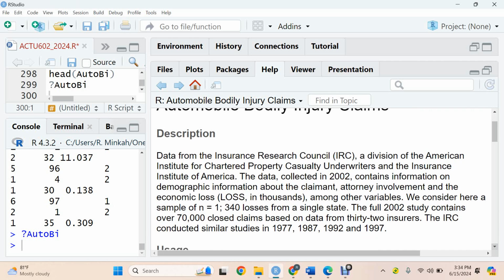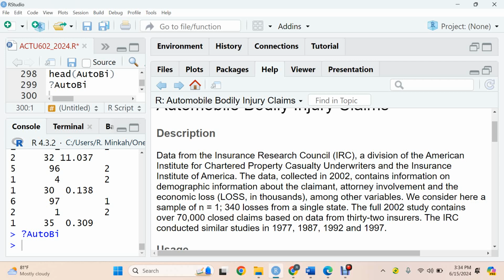If you are doing your thesis and you want to use this, you can go to the IRC's website and get more description of the data, so that you add to your preamble or the description of your data: how it was collected, for which years, and so forth.